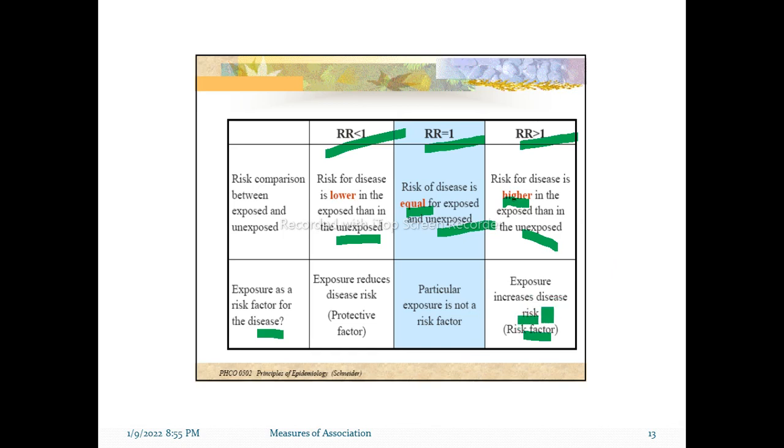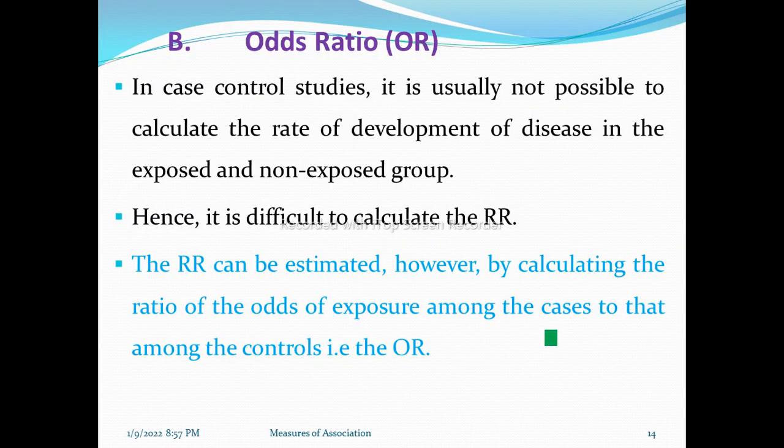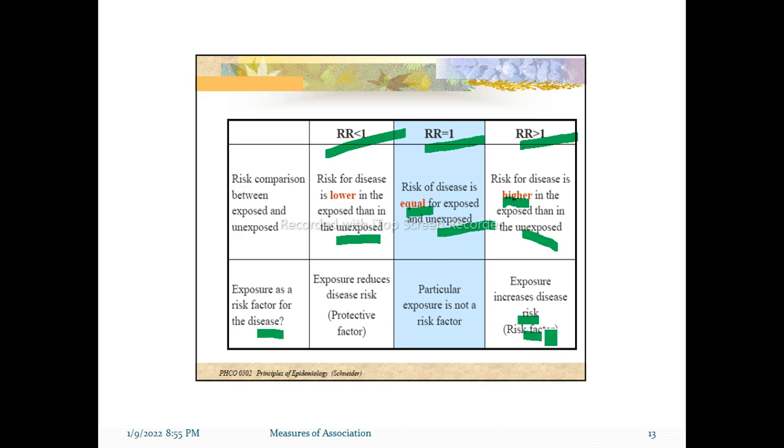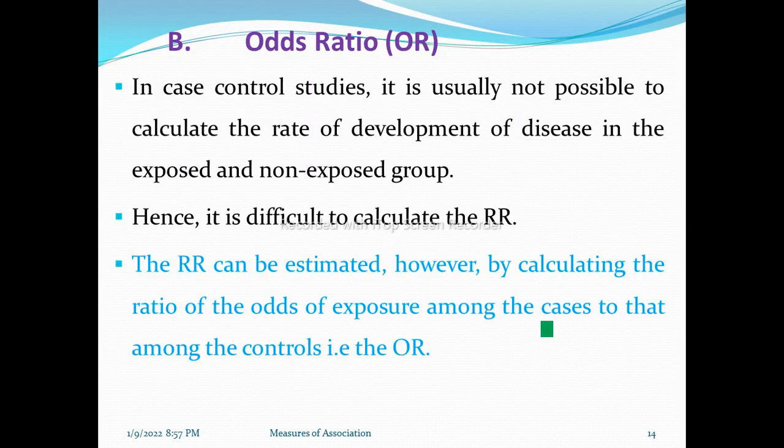So this is a direct relationship between exposure and the outcome or the disease. This is a good concept. So this is more about relative risk. We have seen the interpretation and the calculation.